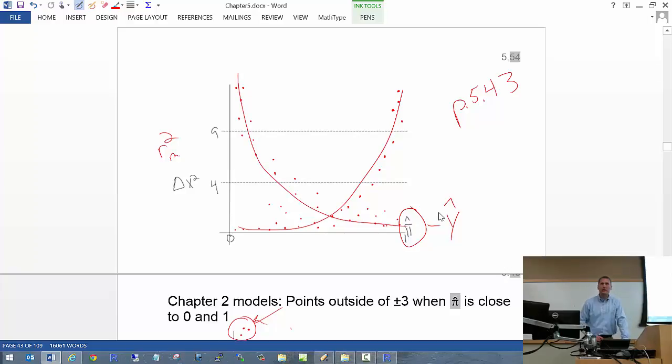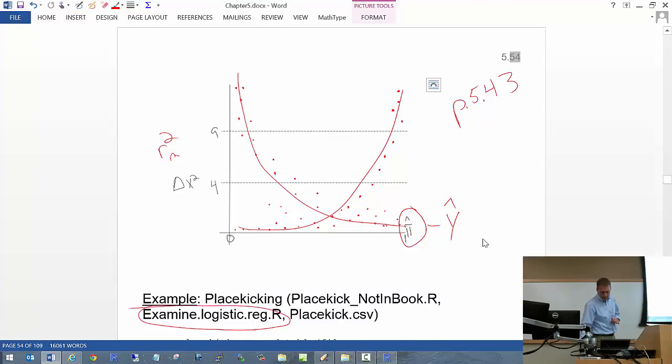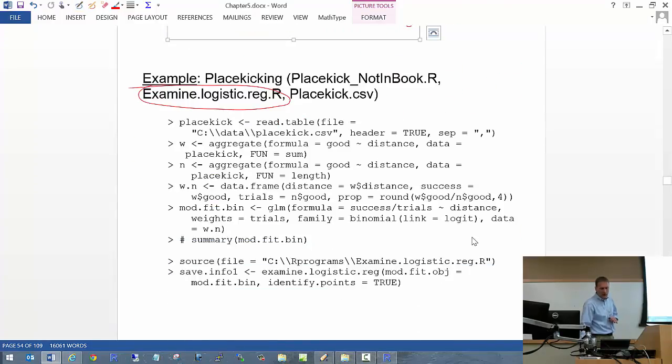Did you see that pattern there? That's also something not to be concerned about. It's just simply due to the discrete aspects of this data.